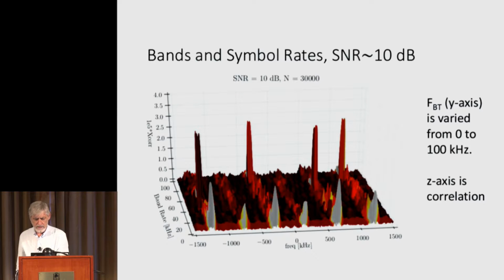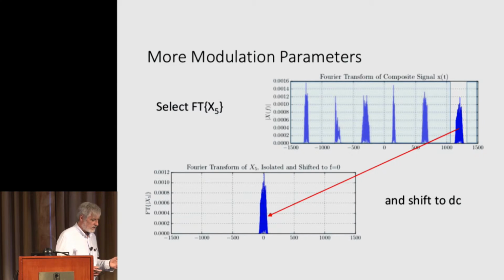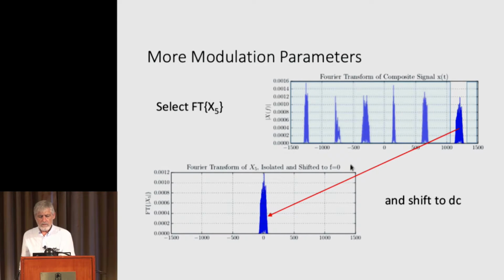And then comes the next step where we say, well, now, if we do want to know more about the signal, where we want to take a look at what is the signal constellation, for instance, then we're just picking that particular signal in the frequency domain in the Fourier transform that we have already made. We set everything else to 0, and then just simply shift it down to 0, all in the frequency domain.